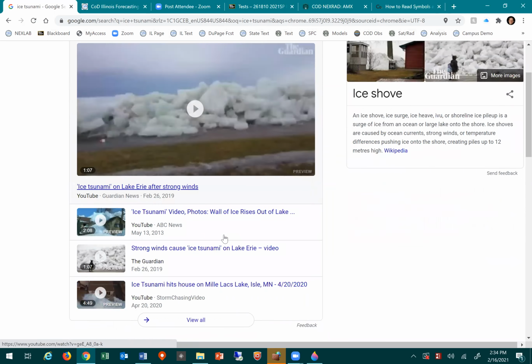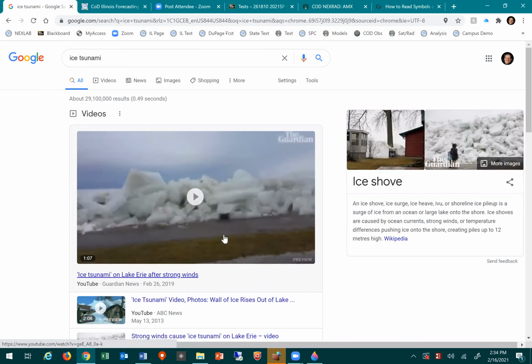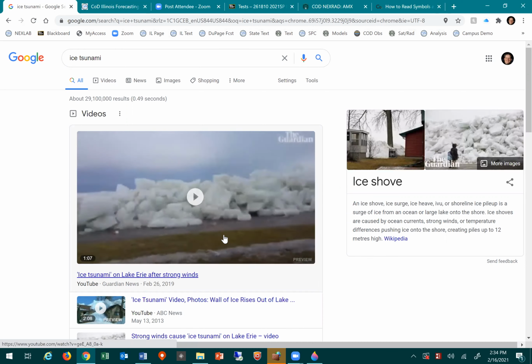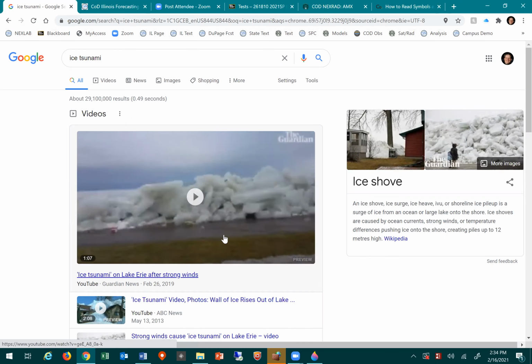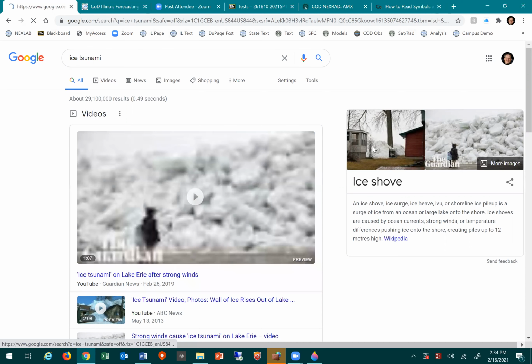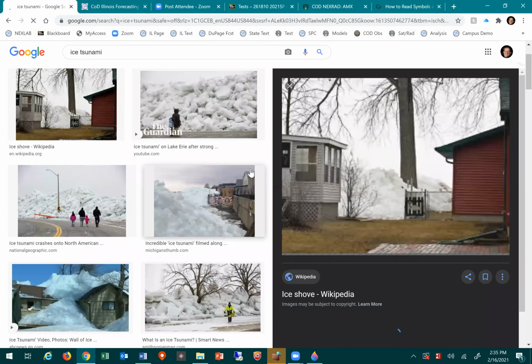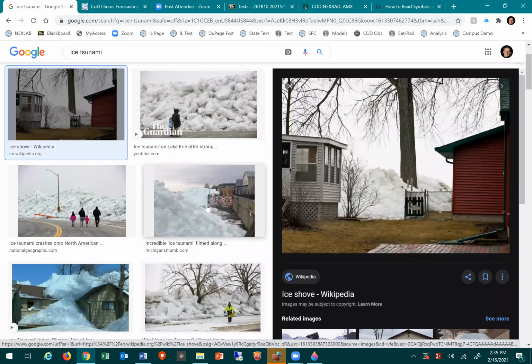Isn't it due to the pressure of the freezing ice with the water and it can't stop? Yeah, the winds are moving it with the currents and the waves, and the ice is just being carried with it. And it comes in, some of them ice shoved. Ice tsunami is kind of a fun name. It's not really a tsunami, but it does damage to people's houses because that ice just keeps coming.